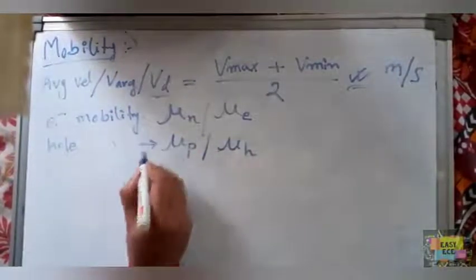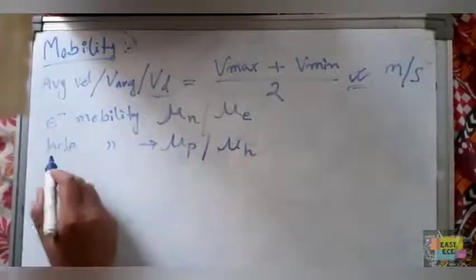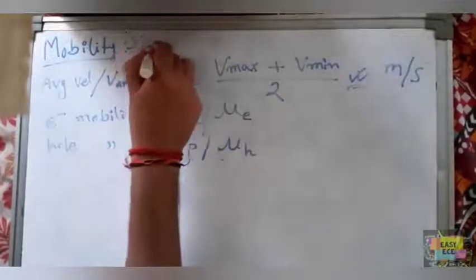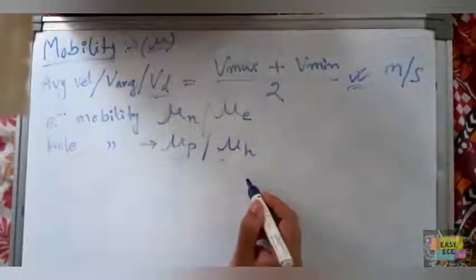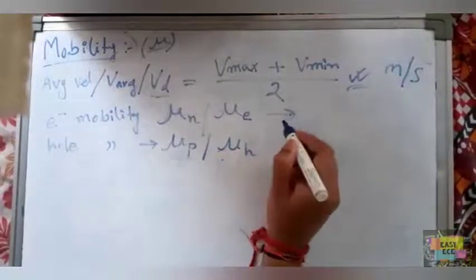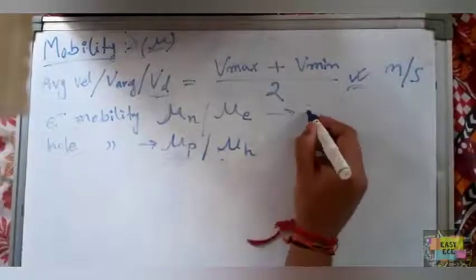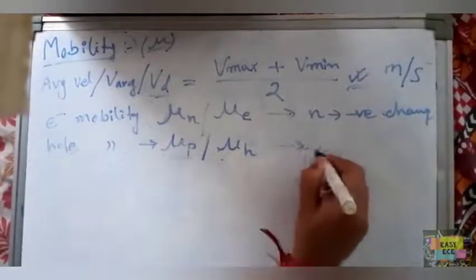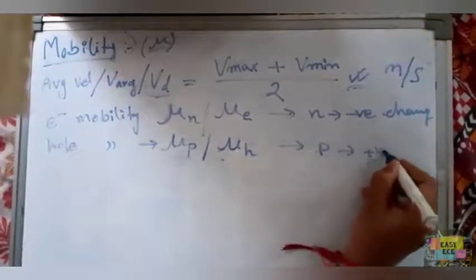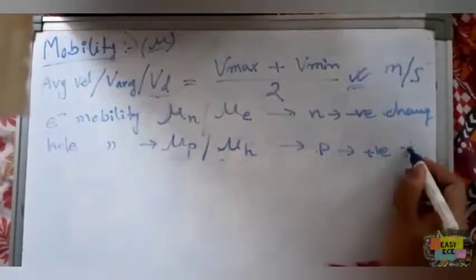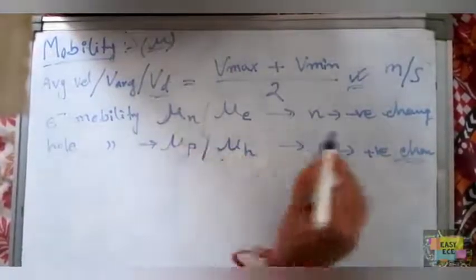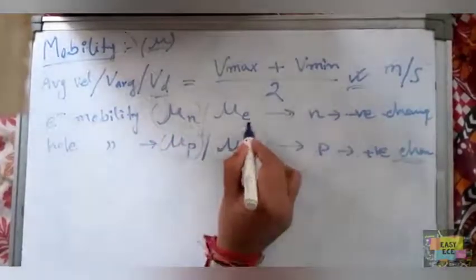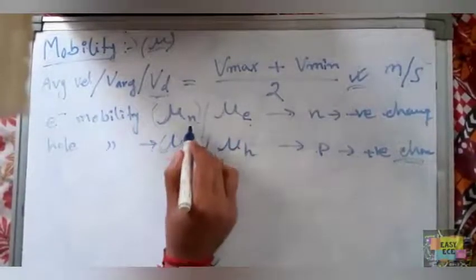Electron charge is negative, so n is for negative.